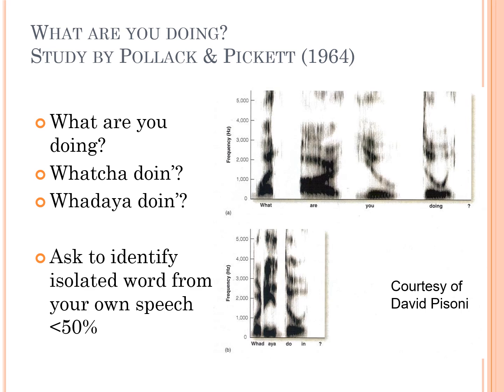And then they come in, and what the researchers have done is they've recorded some of the speech from that participant, and they isolate specific words from that person, and that person has to recognize their own speech, identify isolated words from their own speech. And they were under 50%.